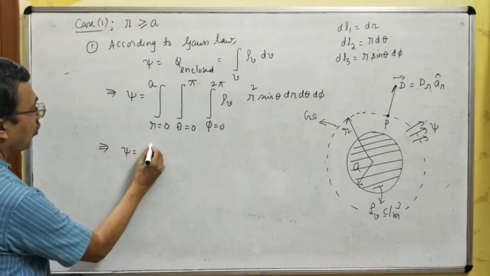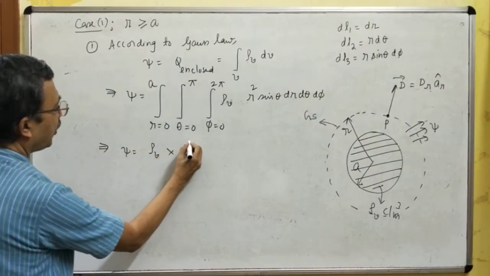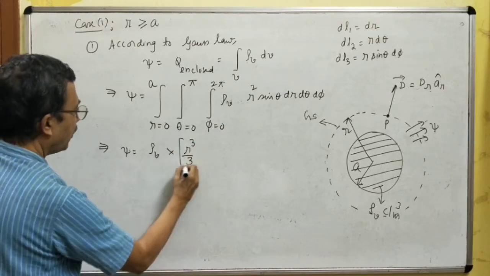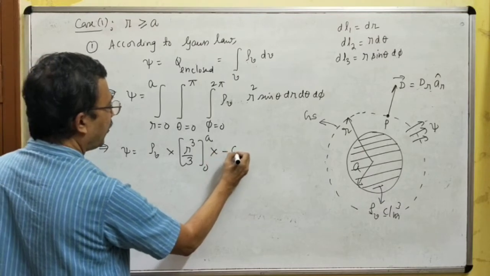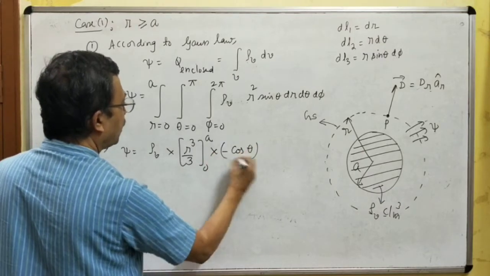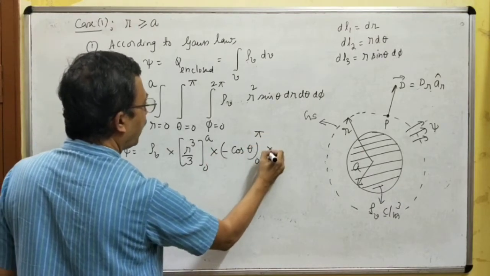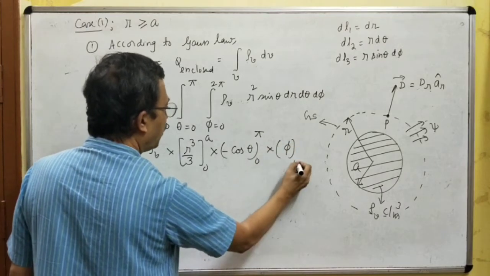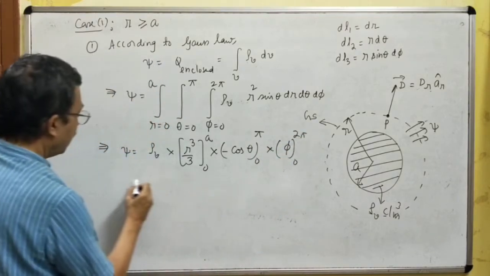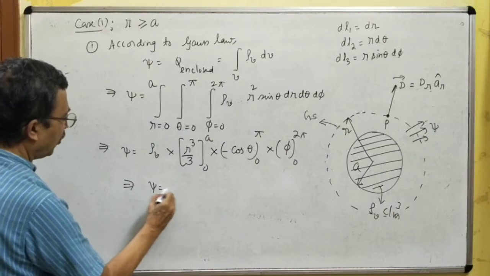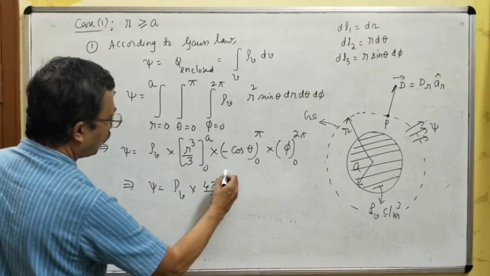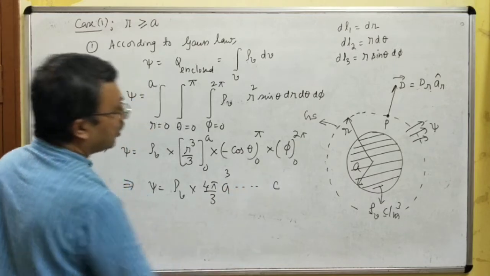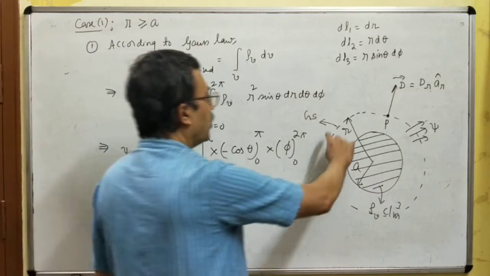Psi is equal to rho v. r square, if you integrate, you get r cube by 3 between 0 and a. Sin theta, if you integrate, you get minus cos theta between 0 and pi. d phi, if you integrate, you get phi between 0 and 2 pi. So psi is equal to rho v into 4 pi by 3 a cube.